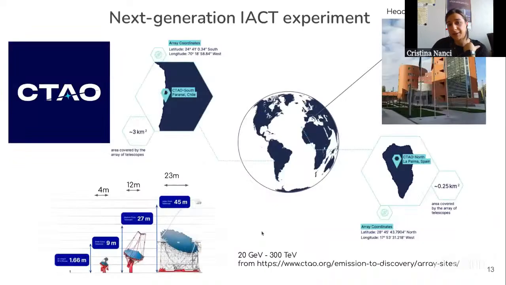But the next generation of EACT experiment will be represented by the CTAO, the Cherenkov Telescope Array Observatory, that will be made of about 60 telescopes of different sizes, optimized for different energy ranges, and located in 2 different sites, the CTAO South in Chile and the North site in La Palma, close to the MAGIC telescopes. Here in Bologna, we are hosting the headquarters of the CTAO.